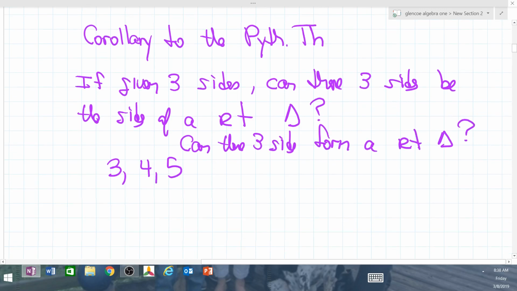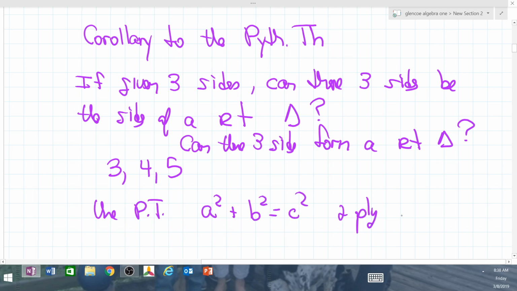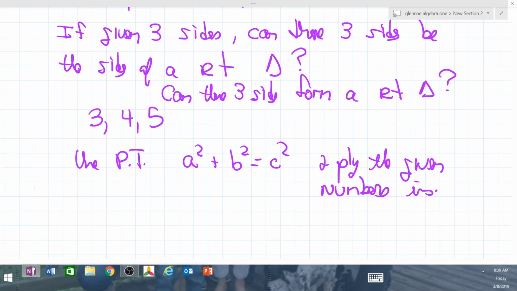Okay, so basically you are going to use the Pythagorean theorem, a squared plus b squared equals c squared, and you're going to plug the given numbers in. Does that make sense? Yes? So we're going to plug in 3, 4, and 5.